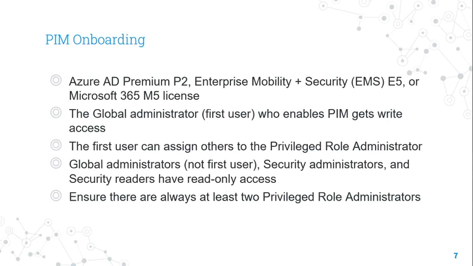PIM onboarding. To use PIM, you need one of the following paid or trial licenses: Azure AD Premium P2, Enterprise Mobility + Security E5, or Microsoft 365 M5. The first global administrator to use PIM in your instance of Azure AD is automatically assigned the security administrator and privileged role administrator roles in the directory.